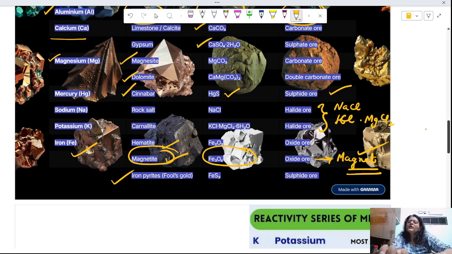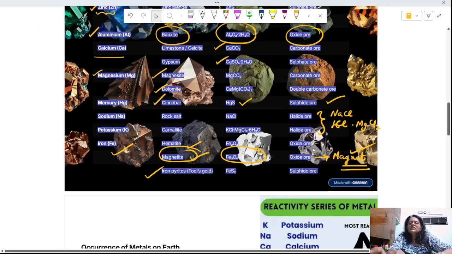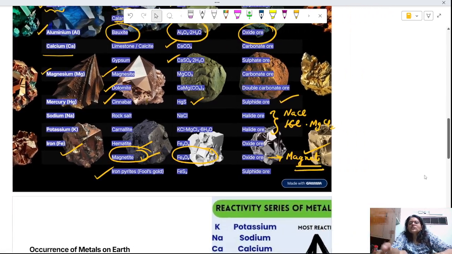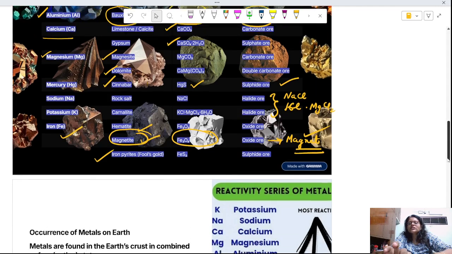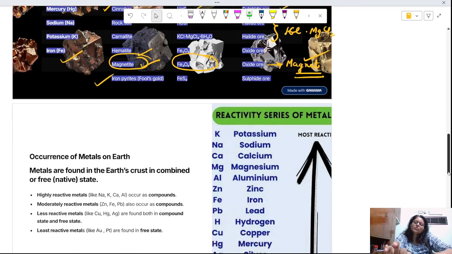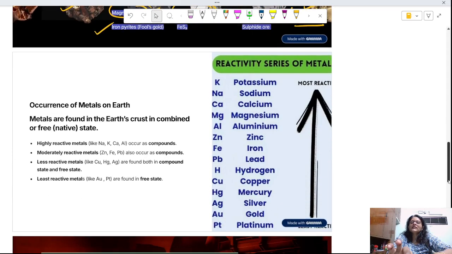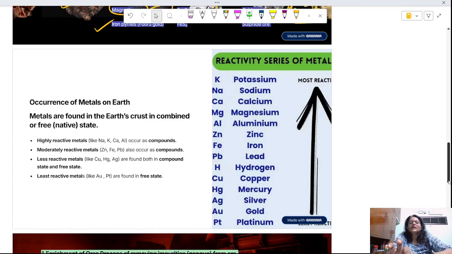So before going into extraction and all, we need to learn something which is called the reactivity series, and the extraction of metals usually is based on its reactivity. I have already said that there are different methods of extraction of metals: calcination, roasting, and reduction.